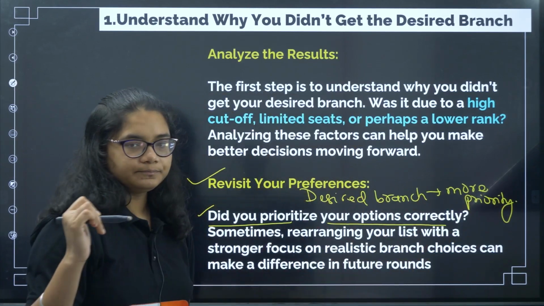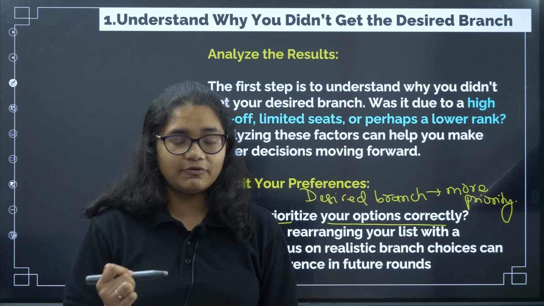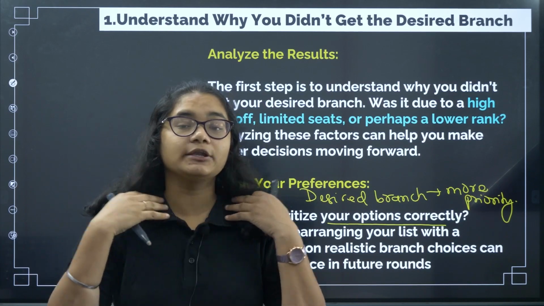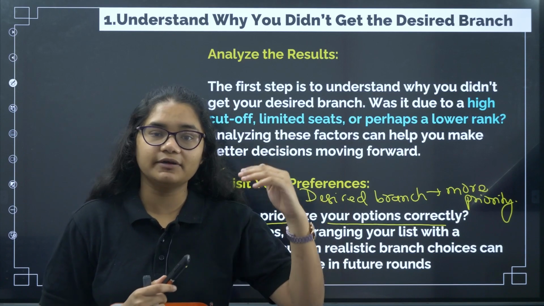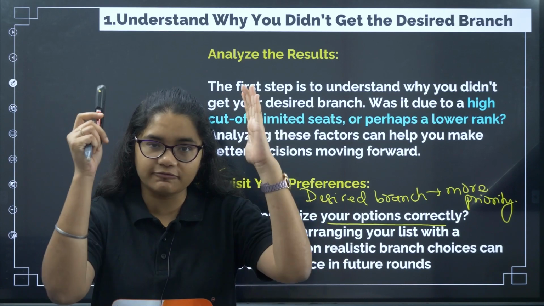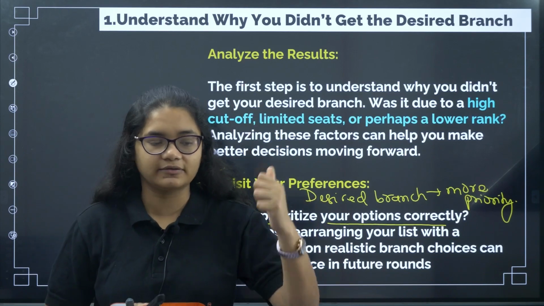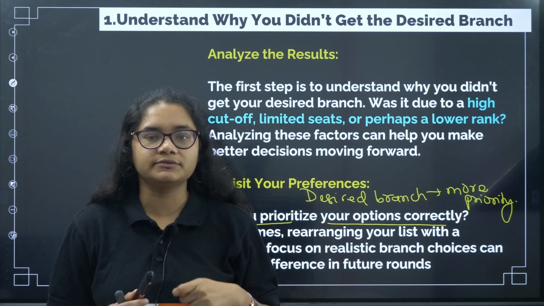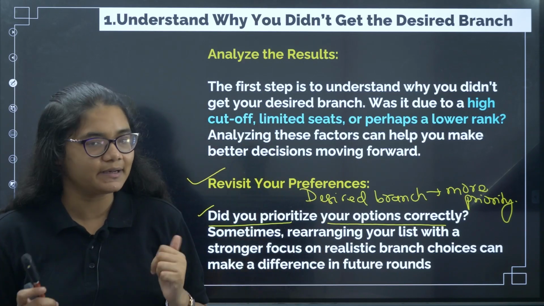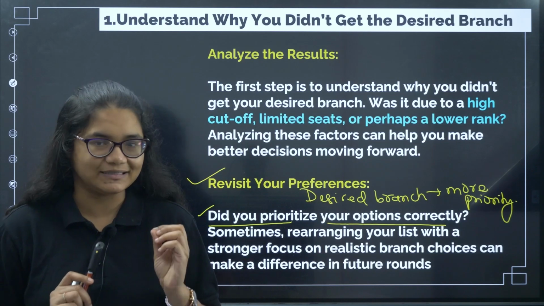If you want to get your desired branch, then whichever colleges offer it, you should give preference to those first. Suppose you are interested in AI and ML, then list all those colleges which offer artificial intelligence and machine learning. I hope this is clear.